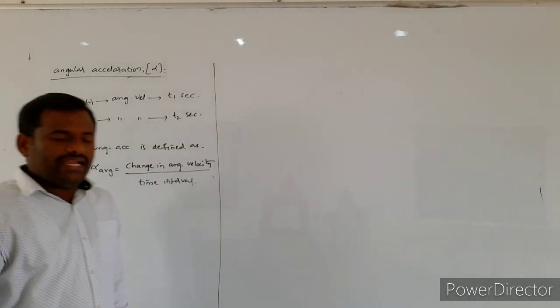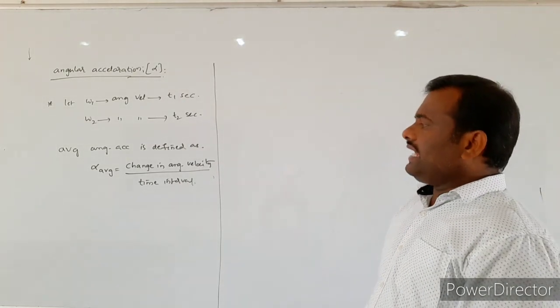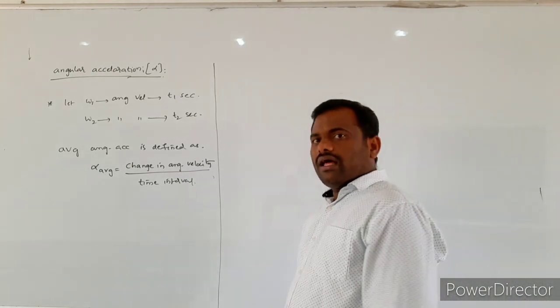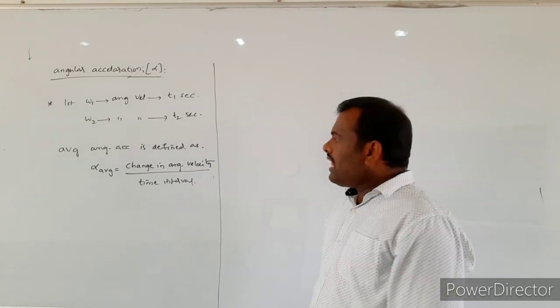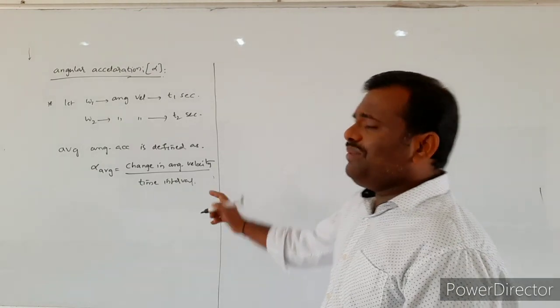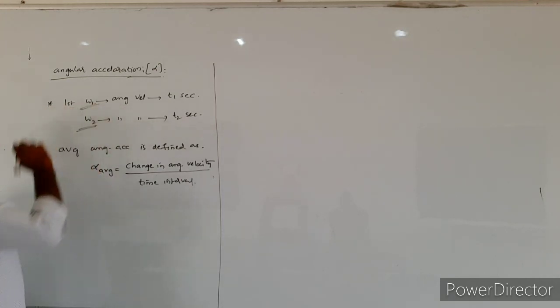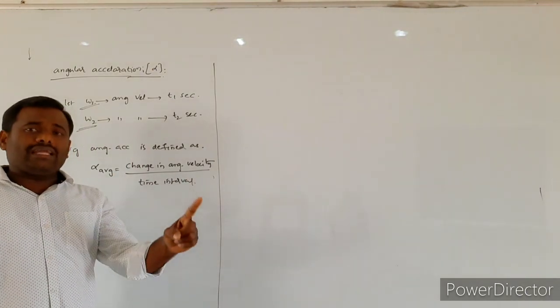How can we define average angular acceleration? It is simply the ratio of change in angular velocity to the time interval. So here omega 1, omega 2 are indicating the angular velocities at two different time intervals.